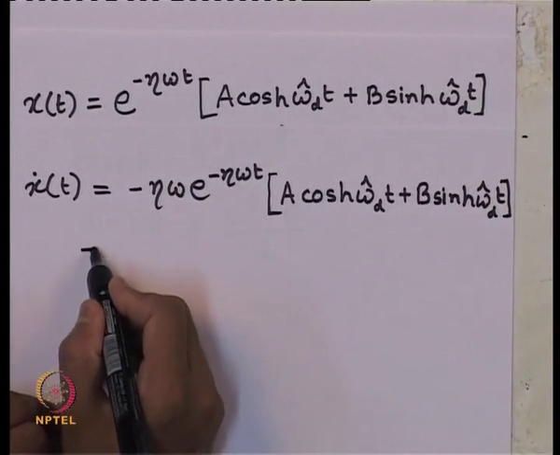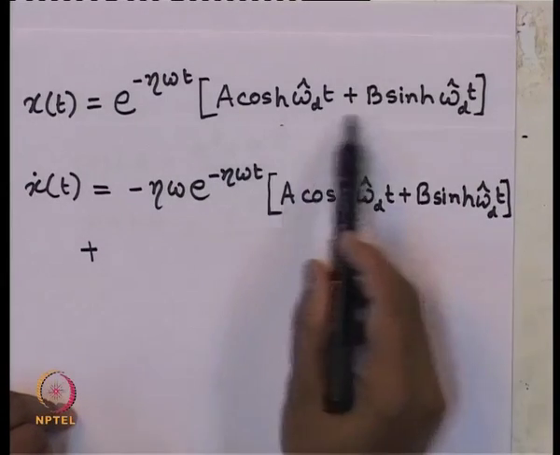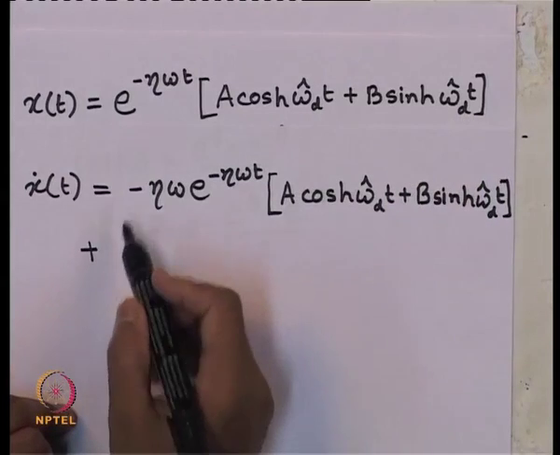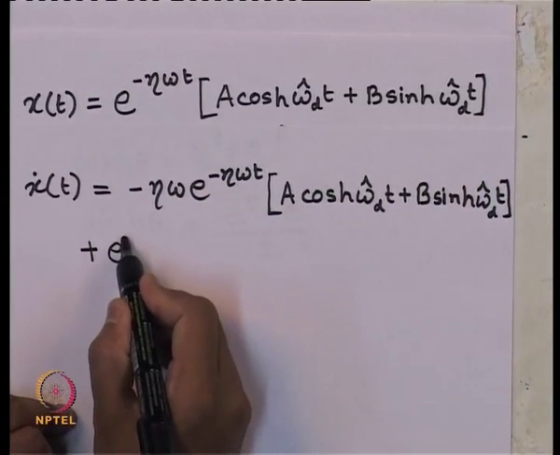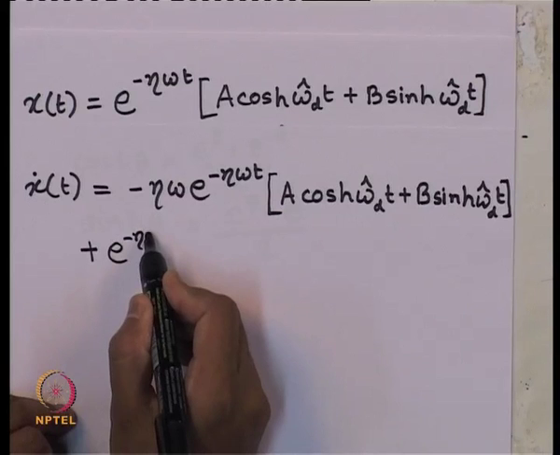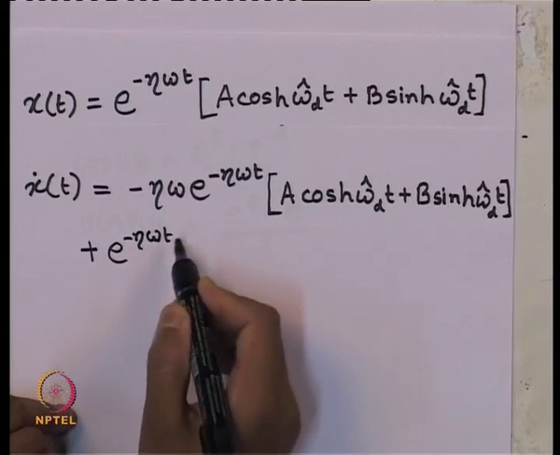Plus, now we need to differentiate this part. This remains as it is, e raised to minus eta omega t.